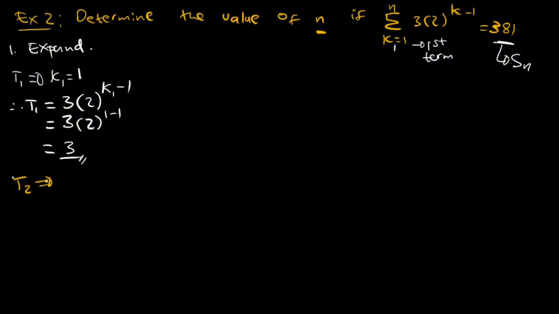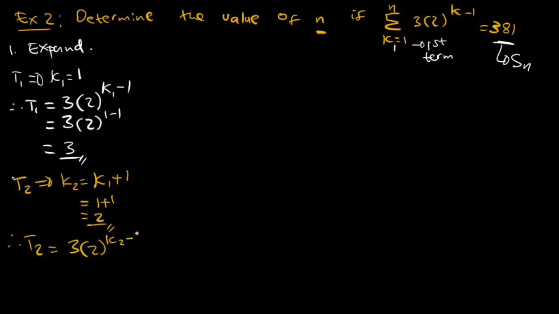T2. What is the value of K2? You take the previous value of K, which is K1, and you add 1. K1 was 1, so 1 plus 1 is 2. Therefore, T2 will be, you take the expression as is, 3 times 2 to the power K2 minus 1.